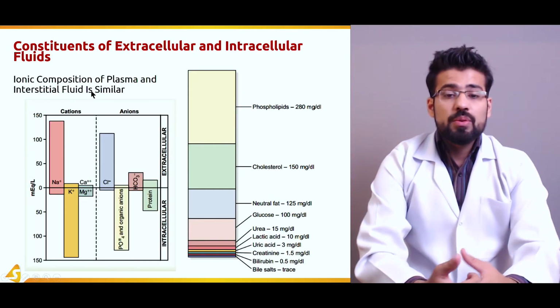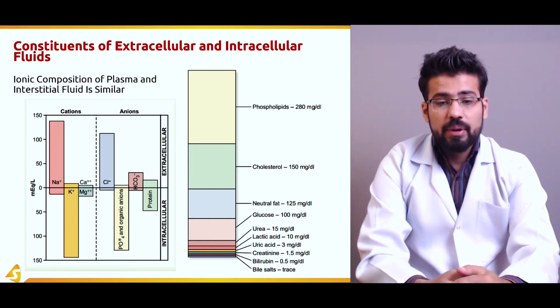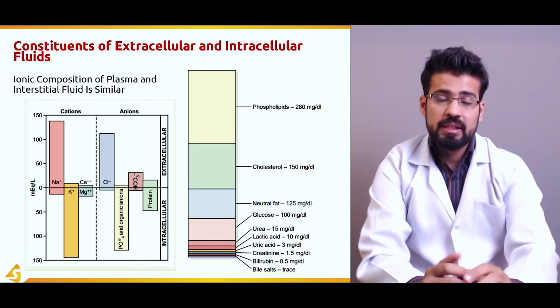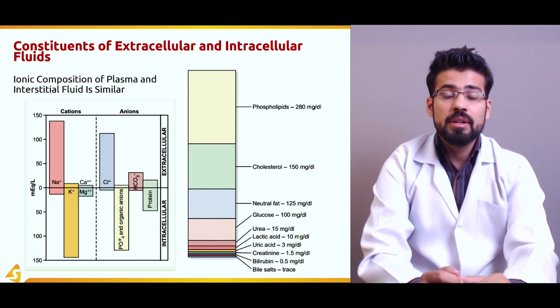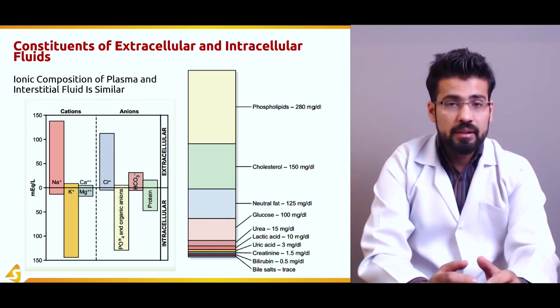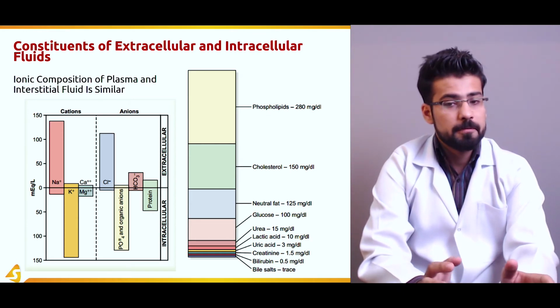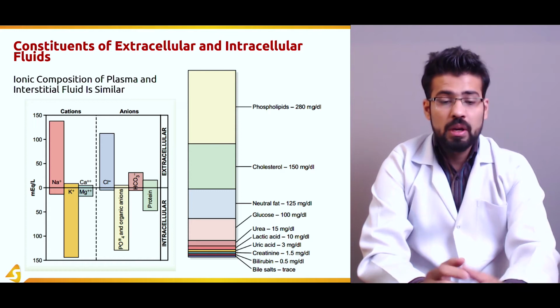So what are the constituents of the extracellular and the intracellular fluid? First, it's important to consider that the ionic composition of the plasma and the interstitial fluid is similar. It must be known to you.